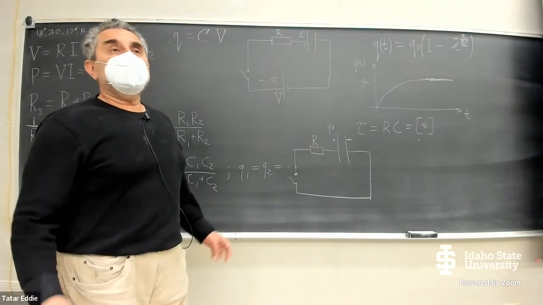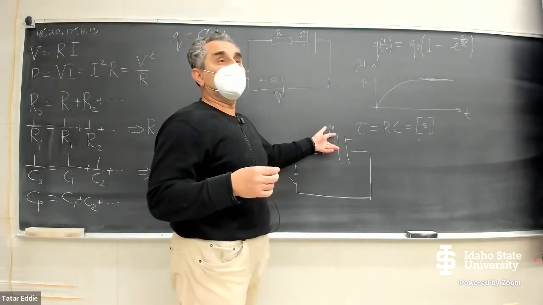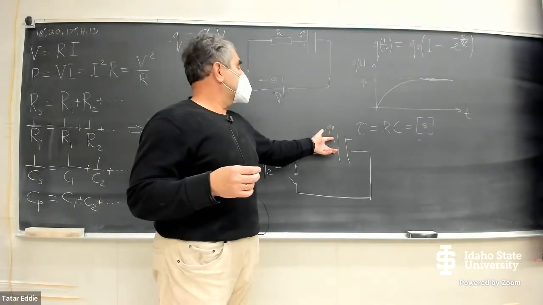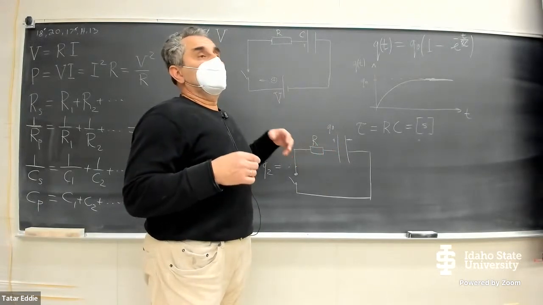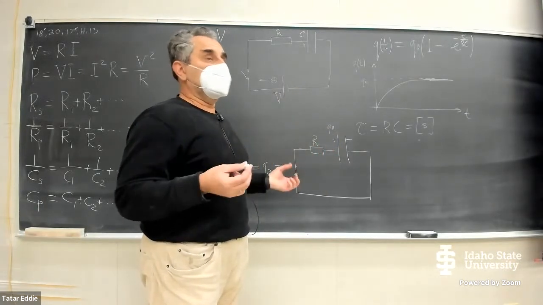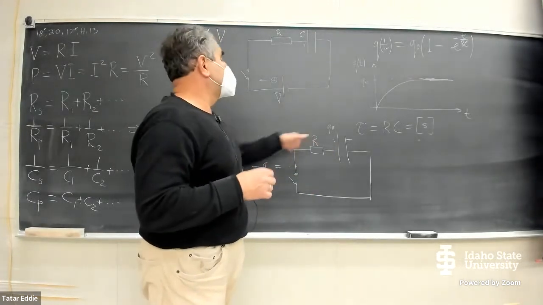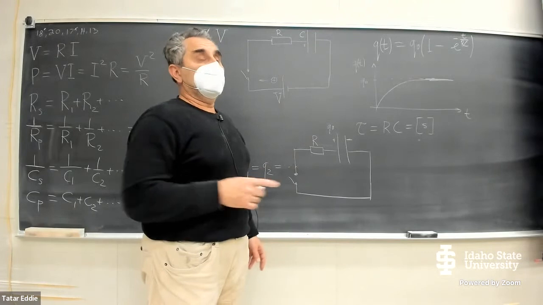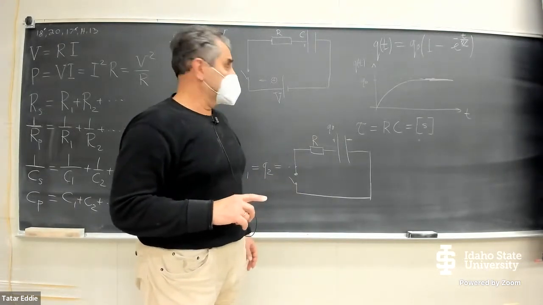Again, initially, those charges are going to flow very fast because there are many charges piled up on the plate. So they're going to repel each other stronger, and you're going to see a very fast movement of charges in a counterclockwise direction, positive charges in a counterclockwise direction.